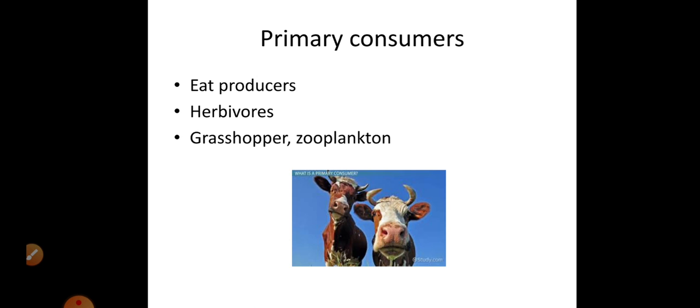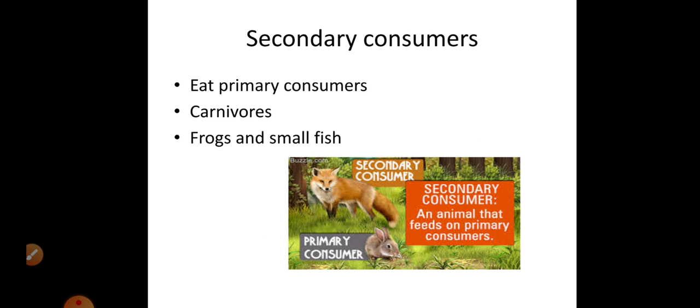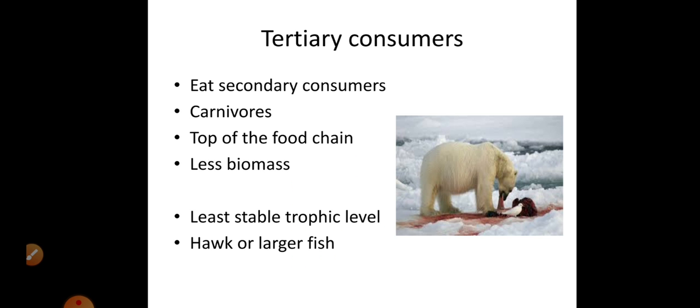We have primary consumers that feed directly on plants, on producers. They are called herbivores because they eat only plants, like grasshopper, like zooplankton. We have secondary consumers that feed on the primary consumers. They are carnivores, like frogs and small fish.